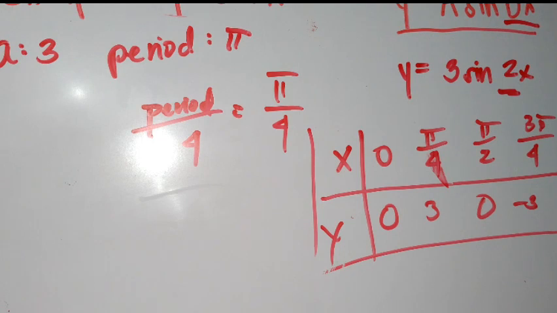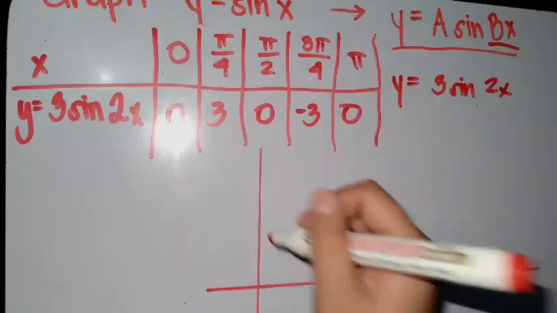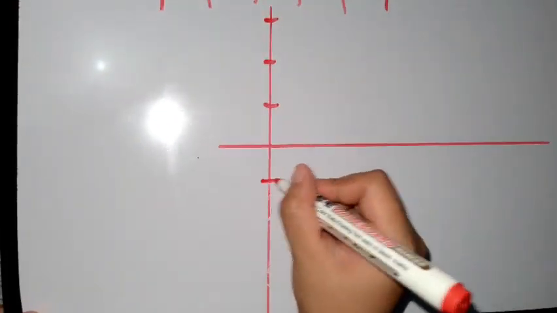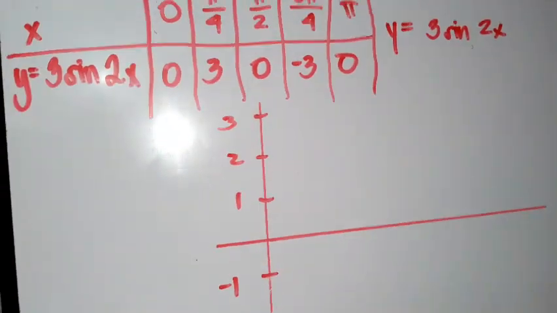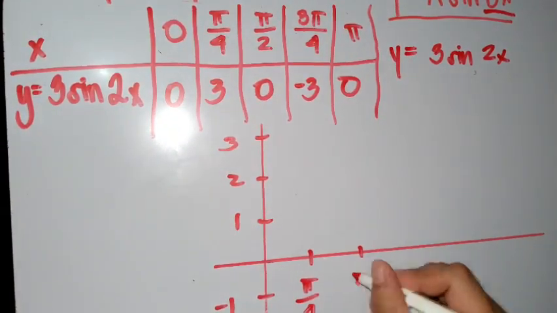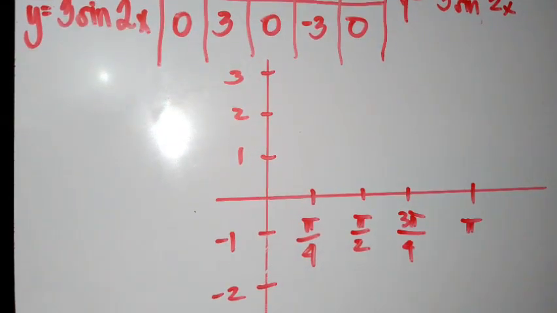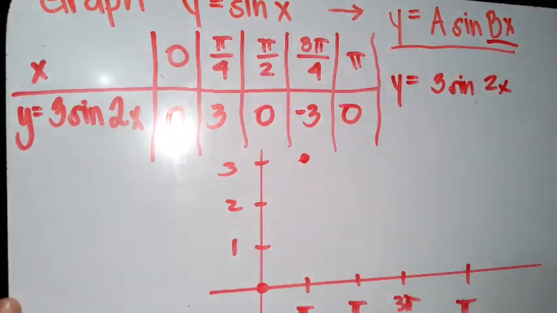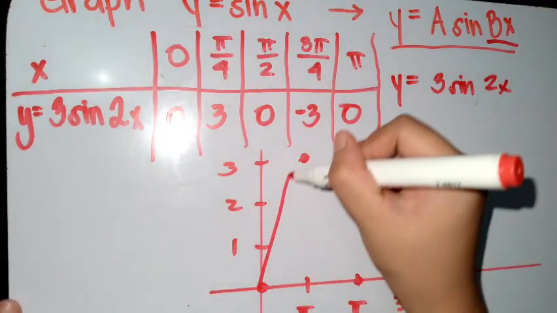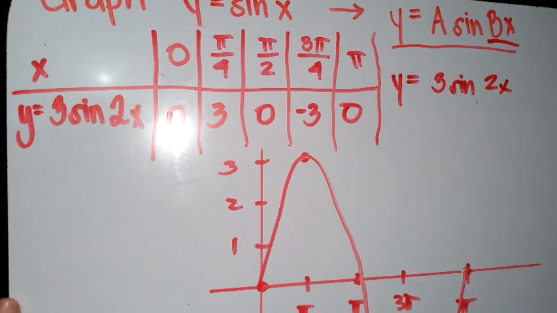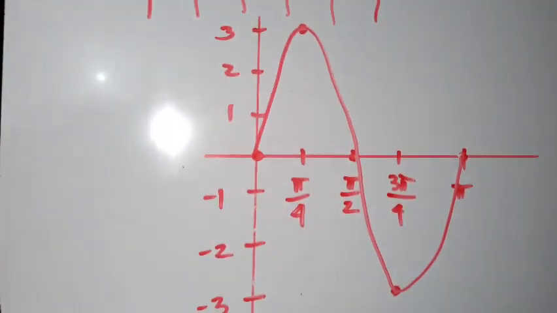We only need to use the Cartesian plane in order to plot the points, up to pi and 0. Then connect them smoothly with a curved line. And this is now the graph of the function y equals 3 sine 2x.